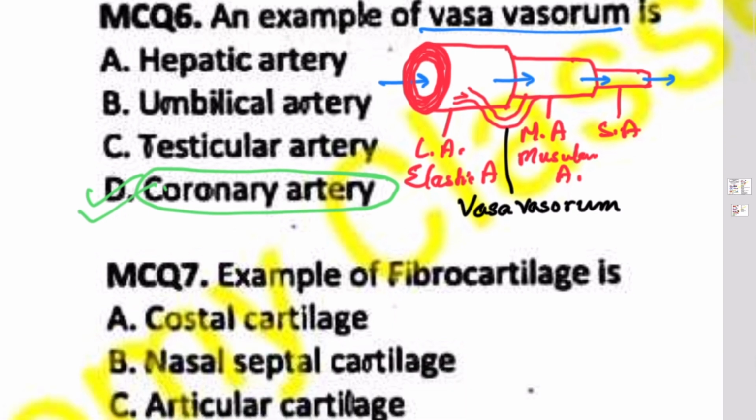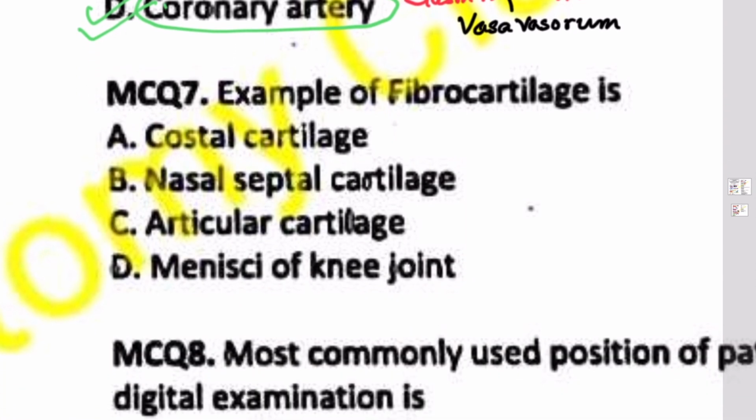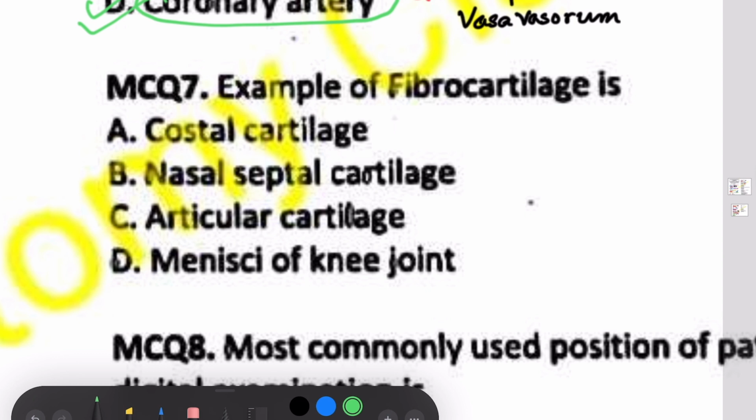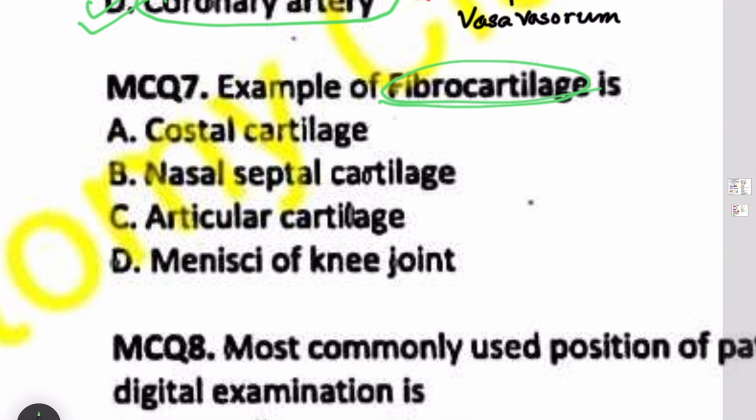Then the next question is: an example of fibrocartilage is. You just have to mug up these examples of fibrocartilage. Of course, you have collagen type 1 here.